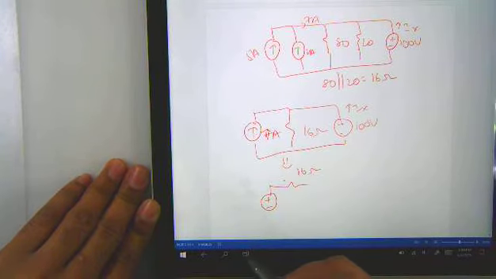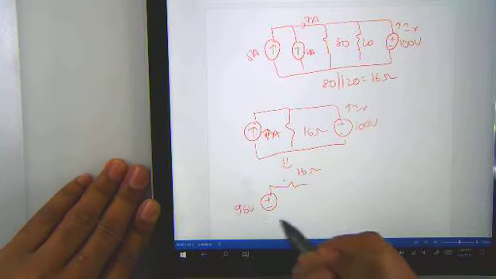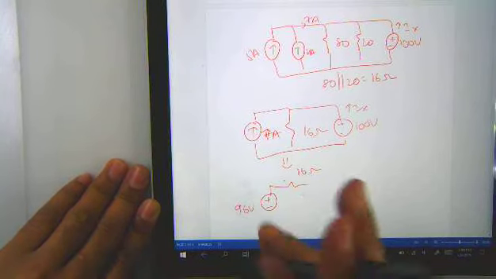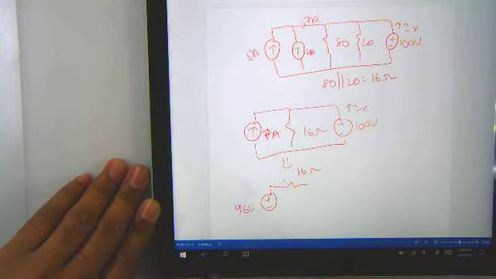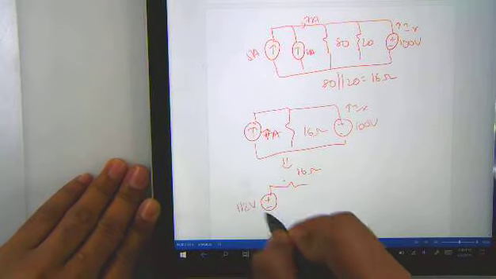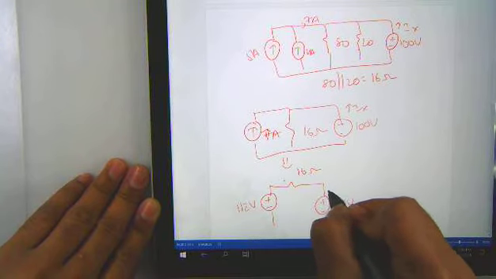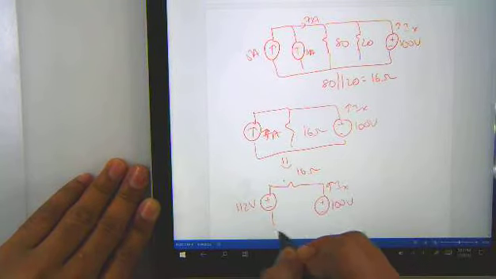What is that voltage source value? Is it 96 volts? Sorry? Oh, 112? Okay. That must be 112 volts. And you have the 100 volts there. So our goal is still finding Ix.